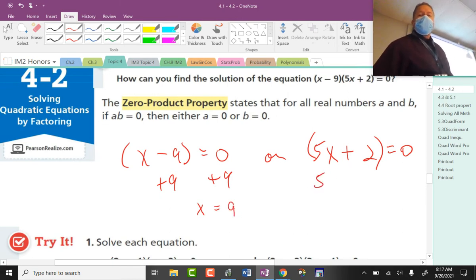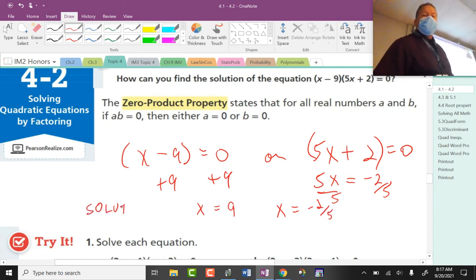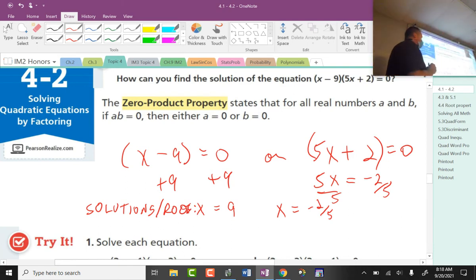Subtract 2. Please don't forget the opposite operations. I get people making negative errors all the time. Not negative bad errors, negative number errors. These are solutions or roots. That's just like a vocab thing. 9 is a solution, negative 2/5 is a solution.